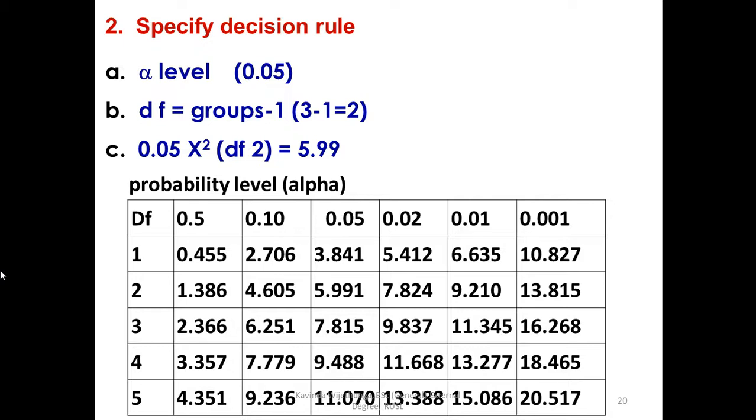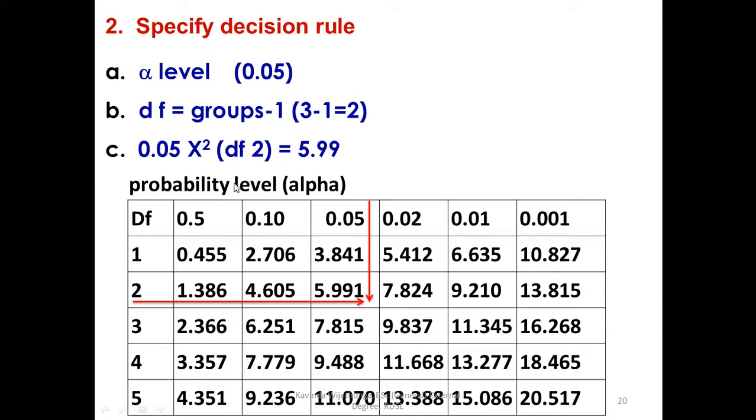First select the alpha level 0.05, and then degrees of freedom 2. Then we find the critical chi-square value is 5.991.